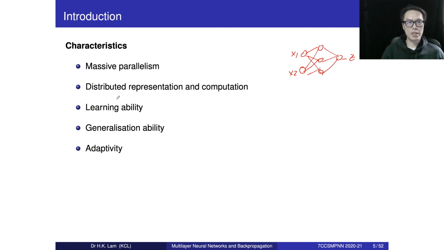Another one is the distributed representation. It means that if we treat this neural network as a black box, this is usually the approach we take. We present some examples to this neural network.